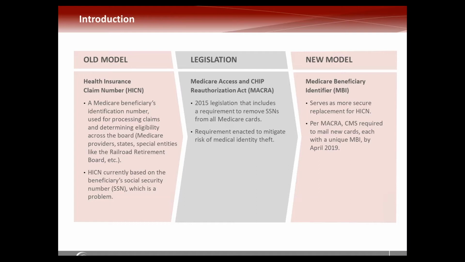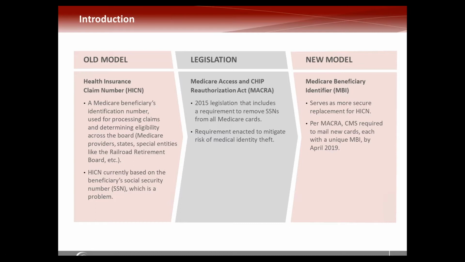So enter MACRA, the Medicare Access and CHIP Reauthorization Act, and this was passed in 2015. Included in MACRA was a provision that requires CMS to remove the Social Security numbers from all Medicare cards. Again, this was done in an effort to mitigate the risk of medical identity theft.